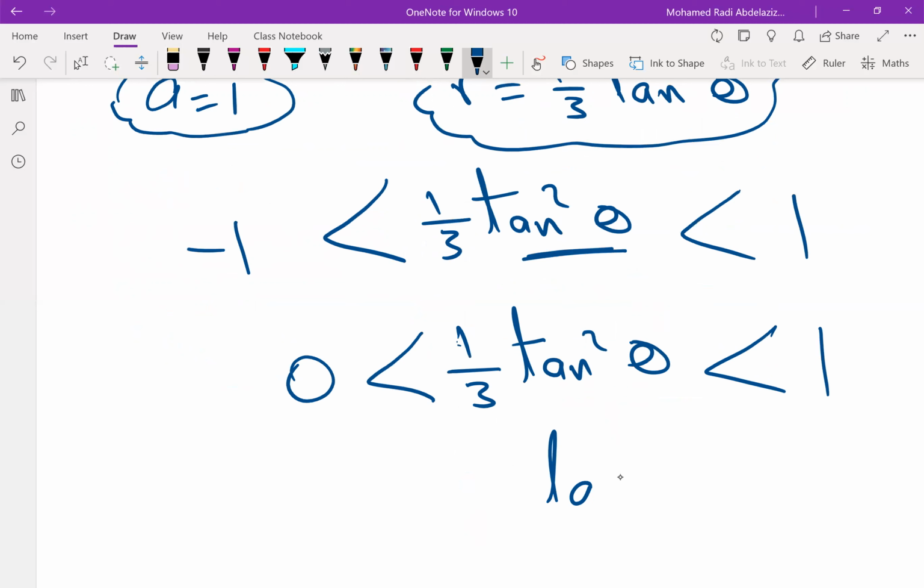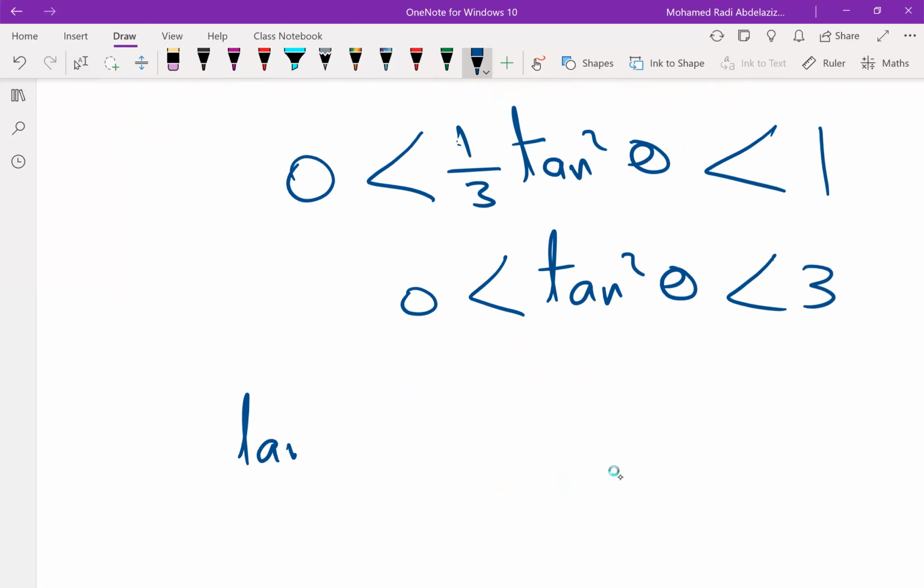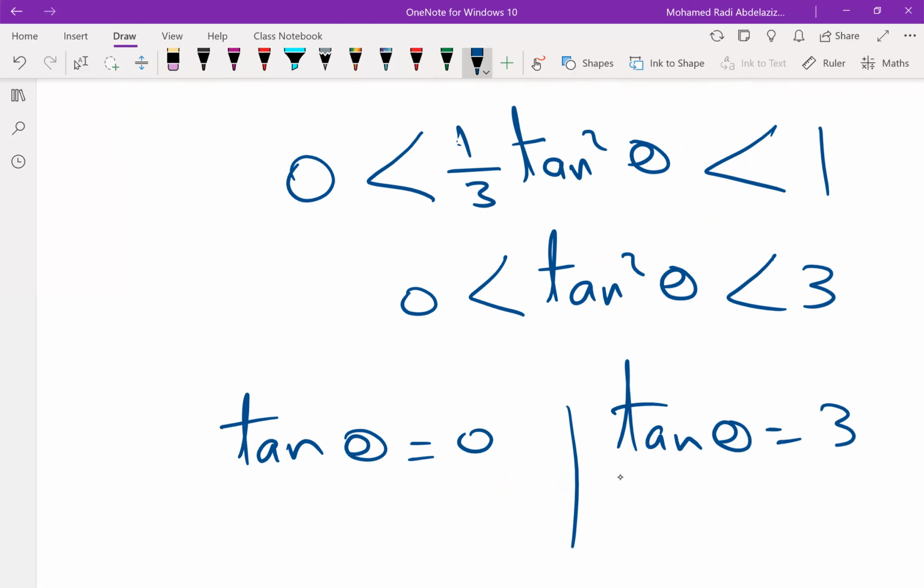If you multiply both by 3, tan squared theta is between 0 and 3. By taking the square root of both sides, tan theta may be 0 or root 3, to get the range in between.